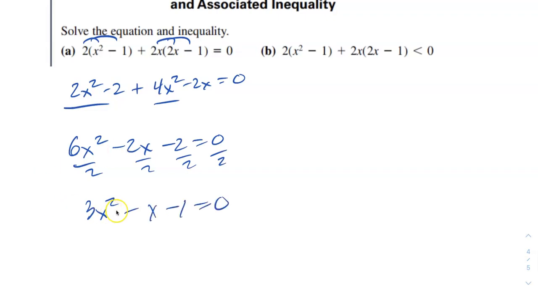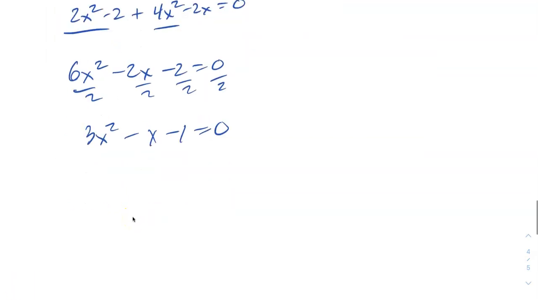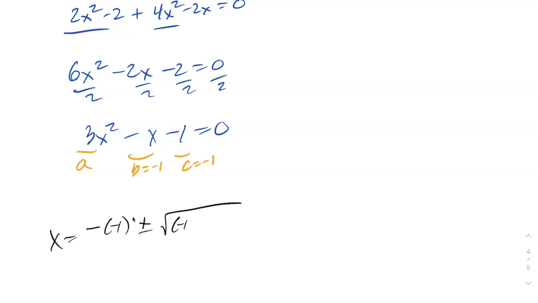Again, you can solve it any way you want. The quadratic formula works. I believe this does not factor, so quadratic formula it is. This will be my a, this will be my b, which is -1, this will be my c, which is -1. Quadratic formula: x equals -b, so -1 plus or minus the square root of -1 squared minus 4 times a times c, which is -1, all over 2 times a, which is 3.